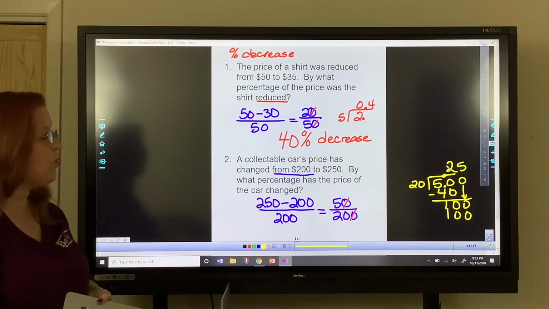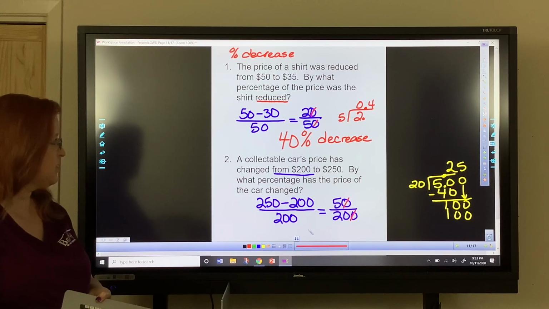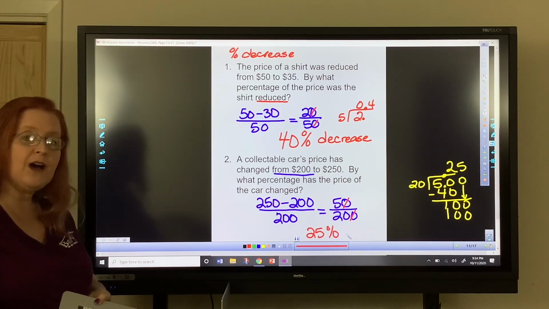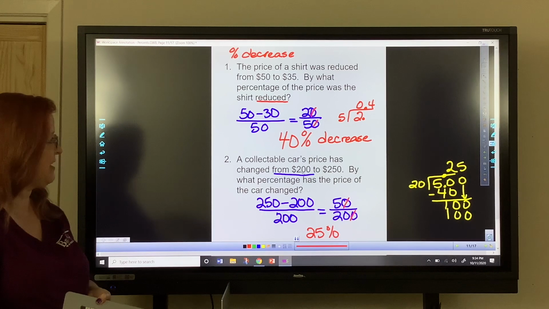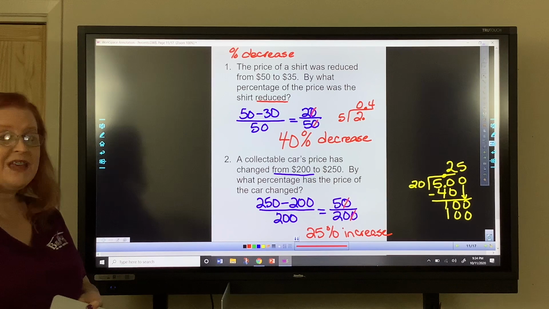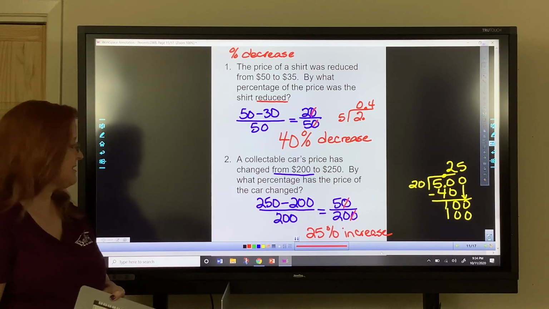So we end up with 0.25, and 0.25 converted to a percent would be 25%. And now we need to decide, did it go up or down? It increased to 250, so this is a 25% increase. So that's how percent change works, increase or decrease.